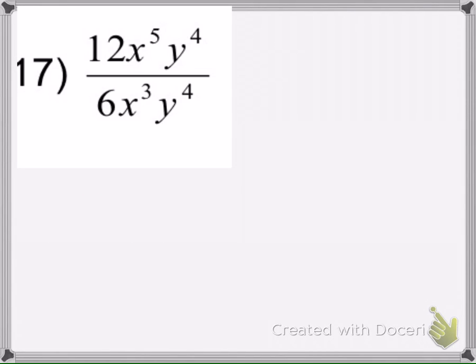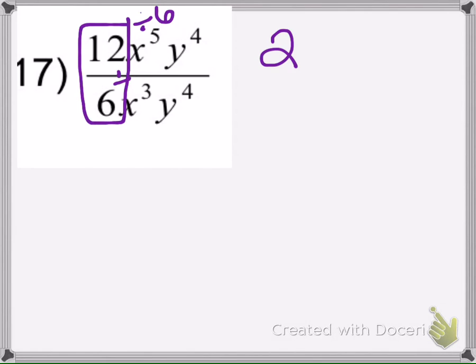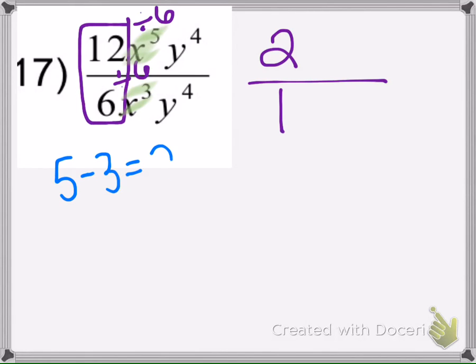Alright, last one here. We have 12/6 as our coefficients. So 6 goes into 12 twice, and 6 goes into 6 once. And then our rule is to subtract the exponents. So 5 minus 3 is 2, which is positive. So we're going to have it go to the numerator.